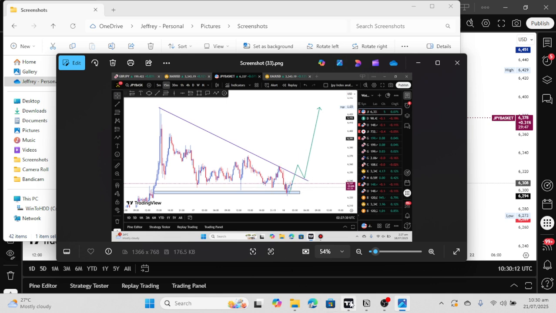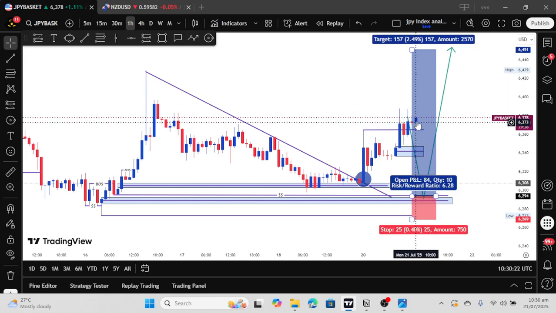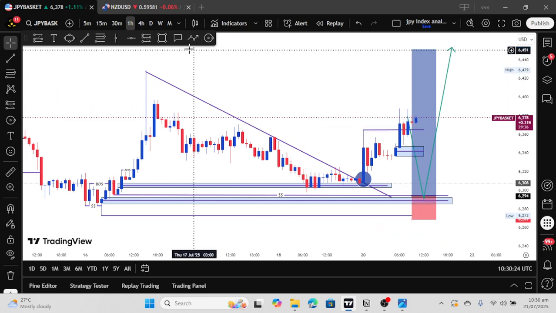But what can we see here? You can see the push, no retest yet. I don't call this one a retest yet. I might wait to see something like a pullback.